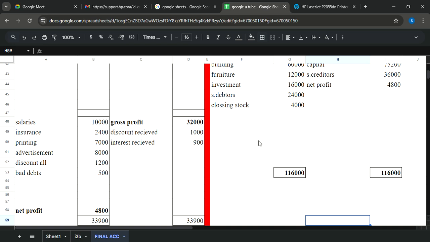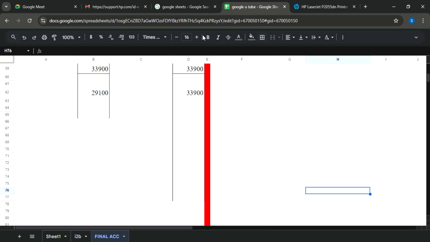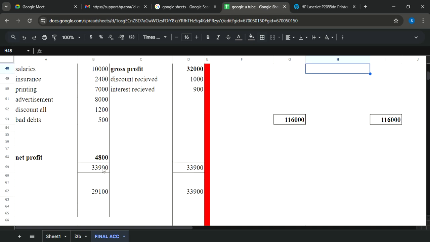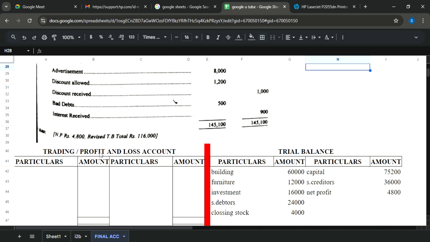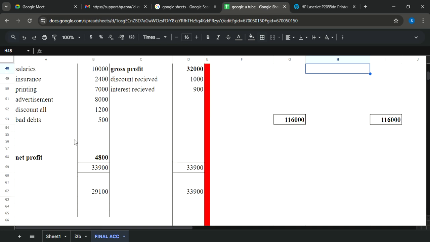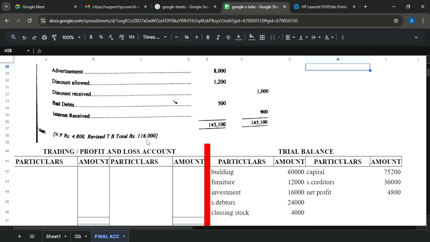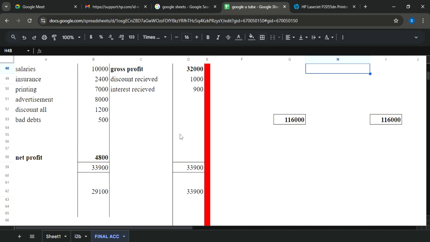All remaining items we have put: if they were present on debit, we have written them on the debit side of the trial balance; if they were present on credit, we have written them on the credit side. The total was automatically equalized. And this is your net profit which we have calculated. It was 4,800 and you can see 4,800 net profit, and this is your total of trial balance which is given over here, 116,000. Both sides are automatically equalized.